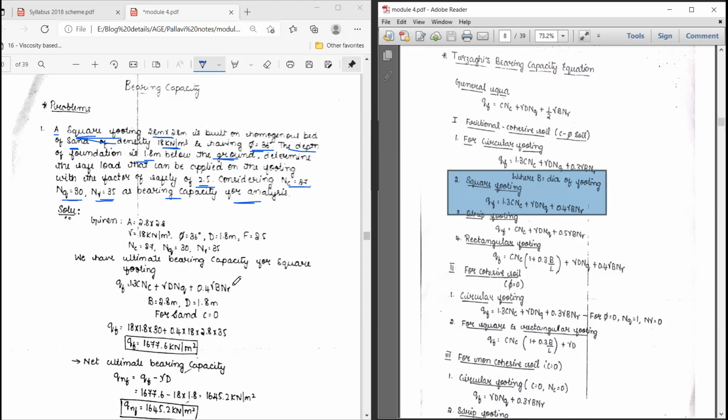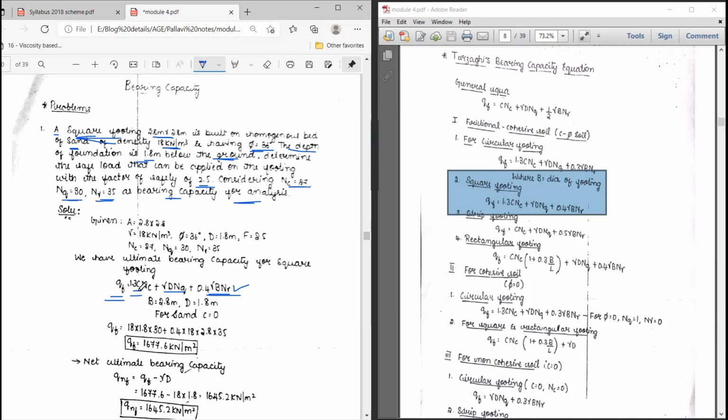I had written the same formula here: Q suffix F is equal to 1.3 C into N suffix C plus gamma D into N suffix Q plus 0.4 gamma into B into N gamma. In this formula, Q suffix F stands for ultimate bearing capacity of the soil for square footing.